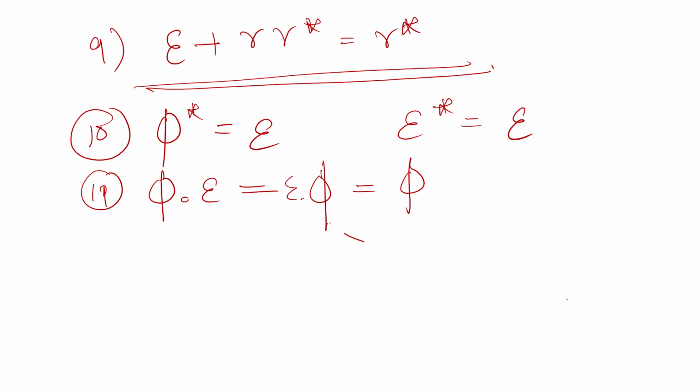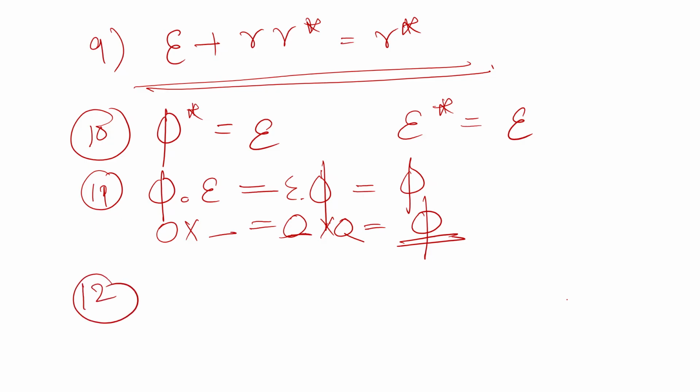Now assume phi to be 0 and try to remember this, because sometimes you may get confused. So 0 into anything is equal to anything into 0 is equal to 0. 0 is basically phi.